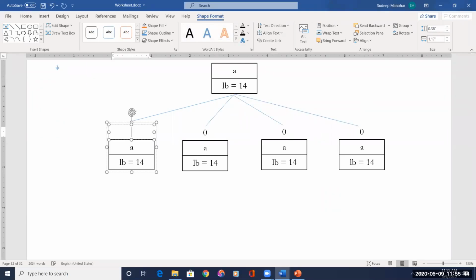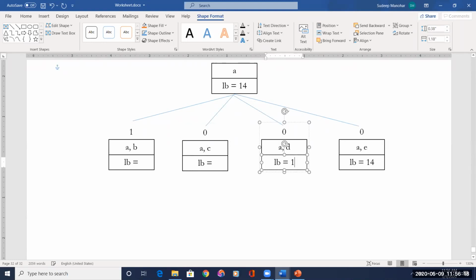Node number 1, we have to calculate the lower bound. This is from A. We are now considering the edge from A to B. This is from A to C. From A to D. And this is from A to E. So 4 edges are possible, and we have to calculate the lower bounds for all of these.